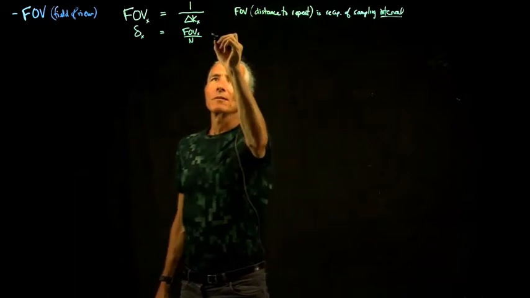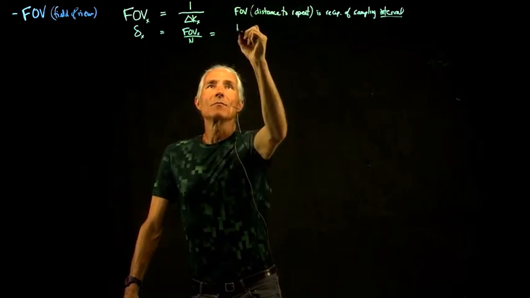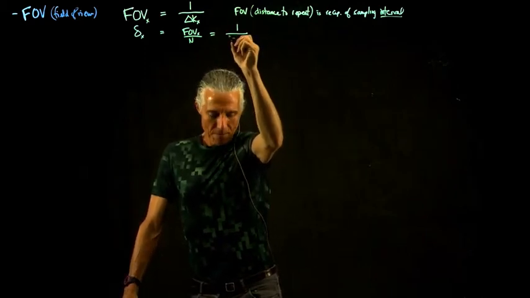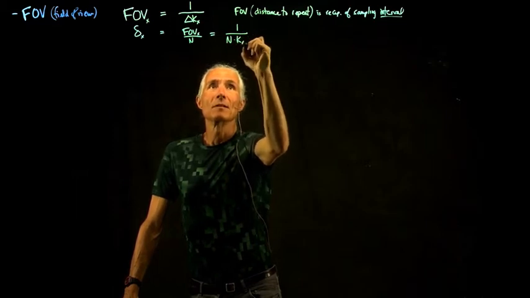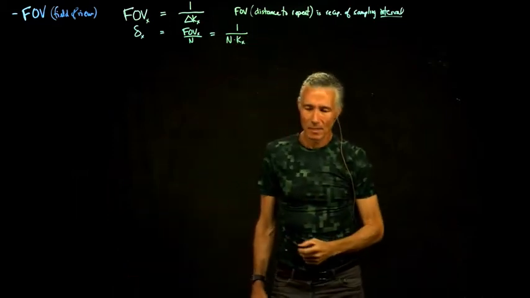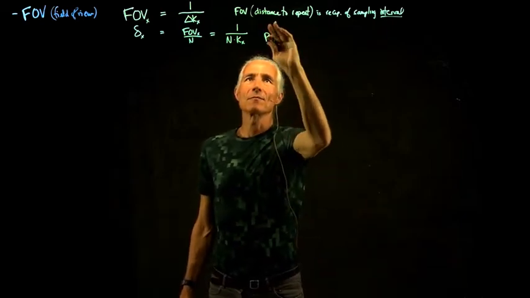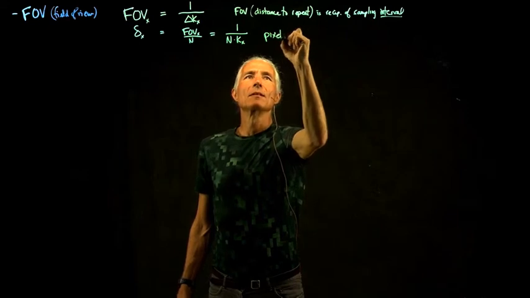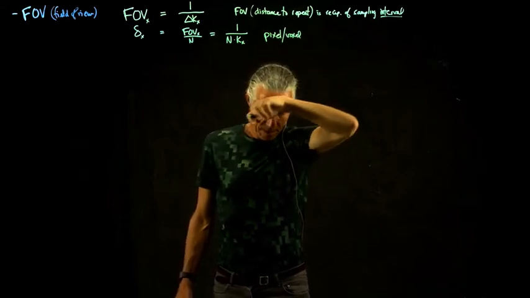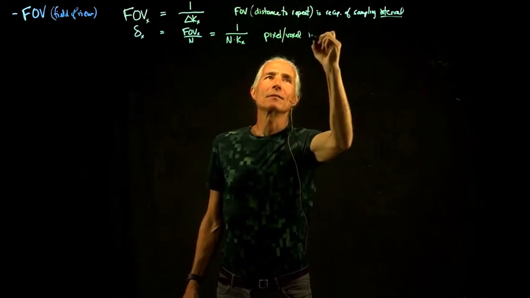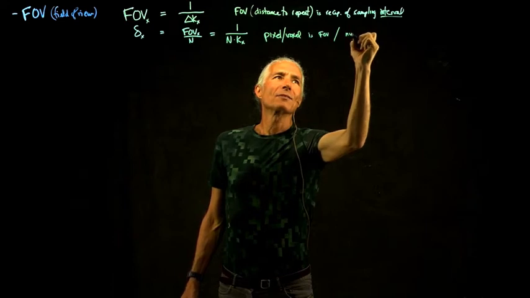So you could rewrite that as 1 over the number of voxels times the sampling interval. So basically the pixel size, voxel, pixel, volume or 2D element, is just field of view divided by number of voxels.